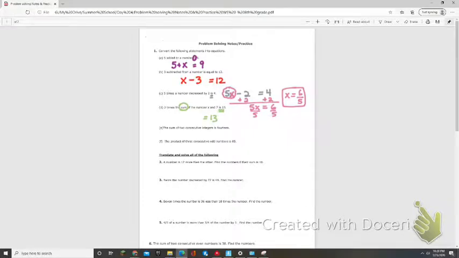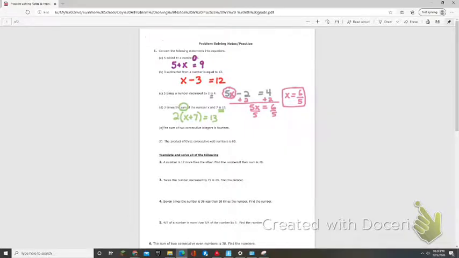So we have to add a number x and 7 before we can multiply by 2, which means the x and the 7 have to go inside the parentheses. So 2 times means 2 parentheses, and in the parentheses, the sum of the number x and 7. So on this one, you would have to distribute and then go into solving.